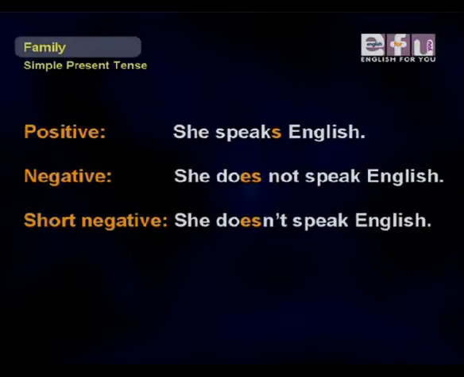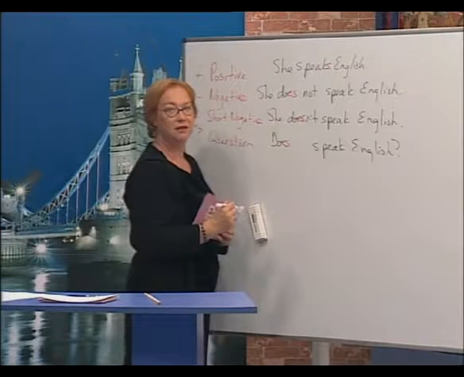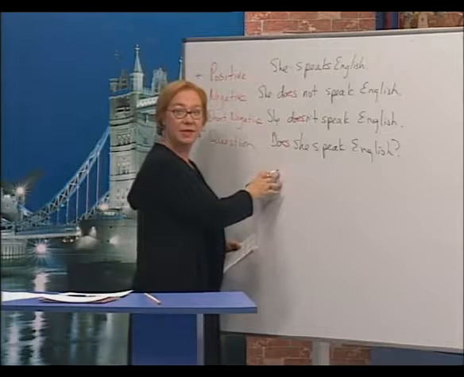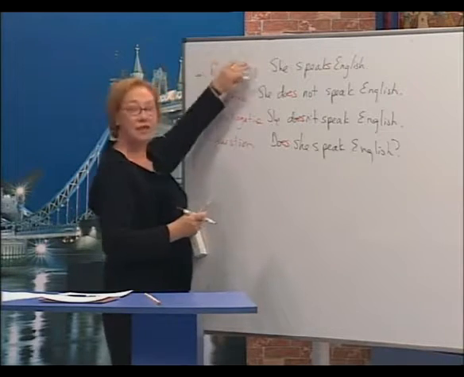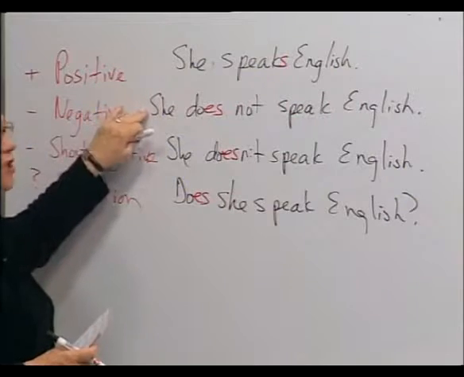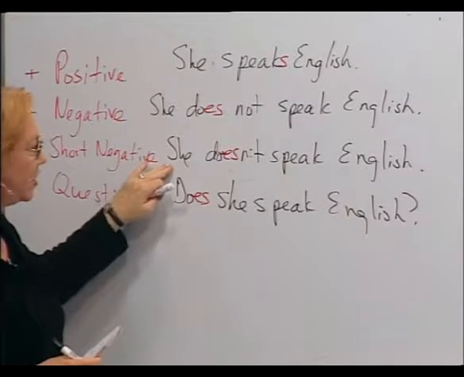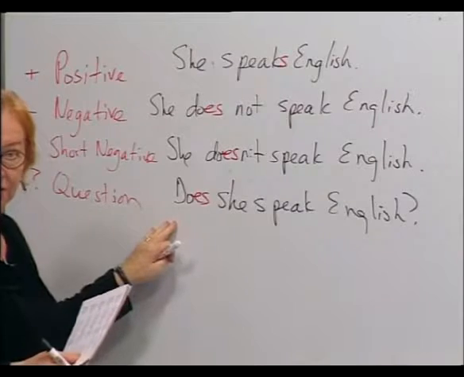And she doesn't speak English. And then the question: does she speak English? Again: she speaks English. She does not speak English. She doesn't speak English. Does she speak English?